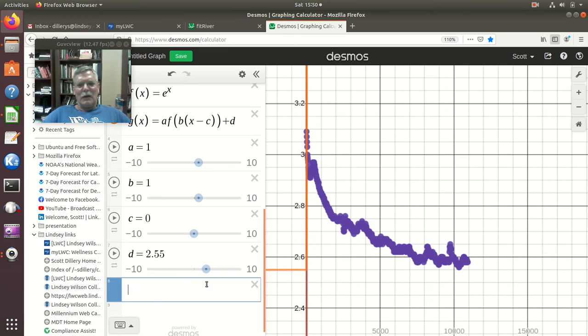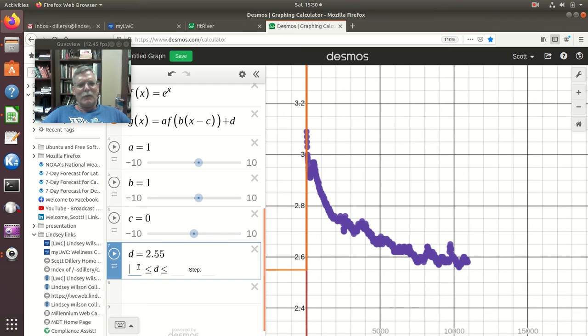And now notice it's over here. Well, that's because my b, my multiplier on the exponent, is still a positive number. And so this 2.55, well, I want to make it easier, so I'm going to go between 2.5 and maybe 3, something like that, so that when I start doing small changes, it's much easier to do.